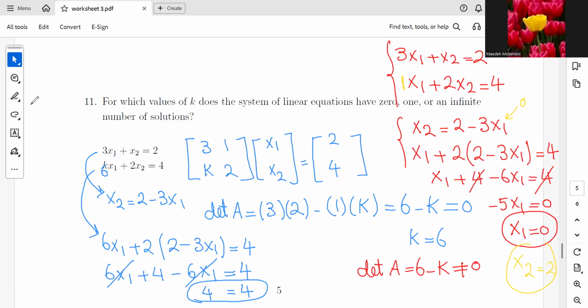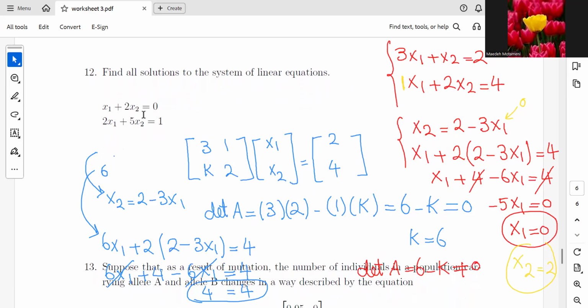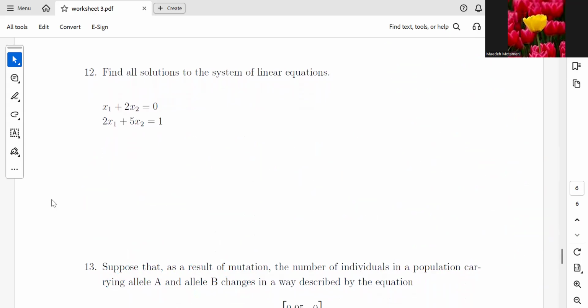Okay, next one, number 12. Find all solutions to the system of linear equations. Of course, if you would use matrices.